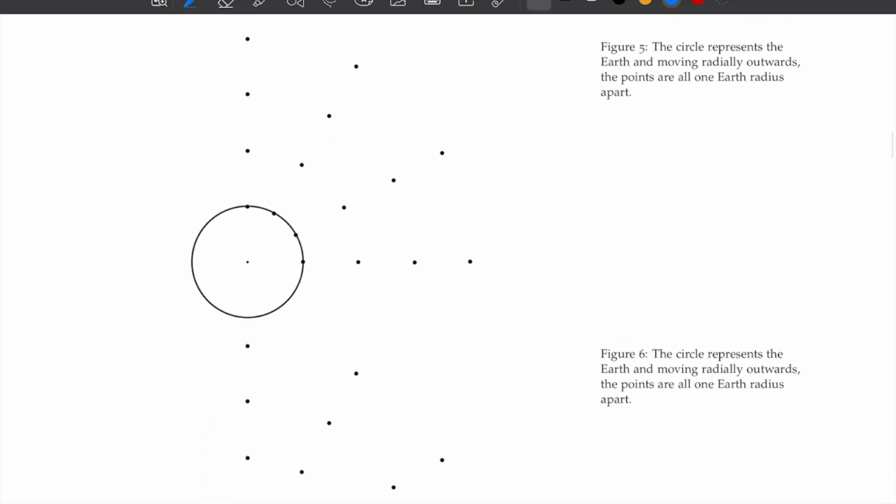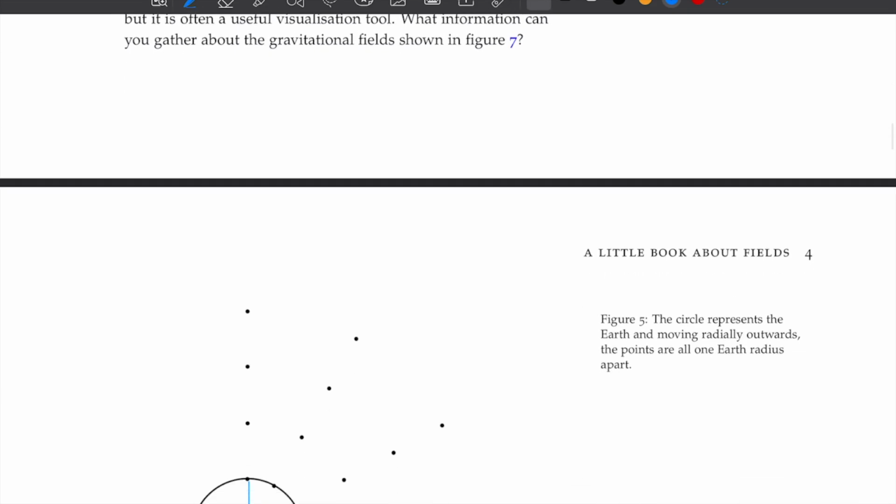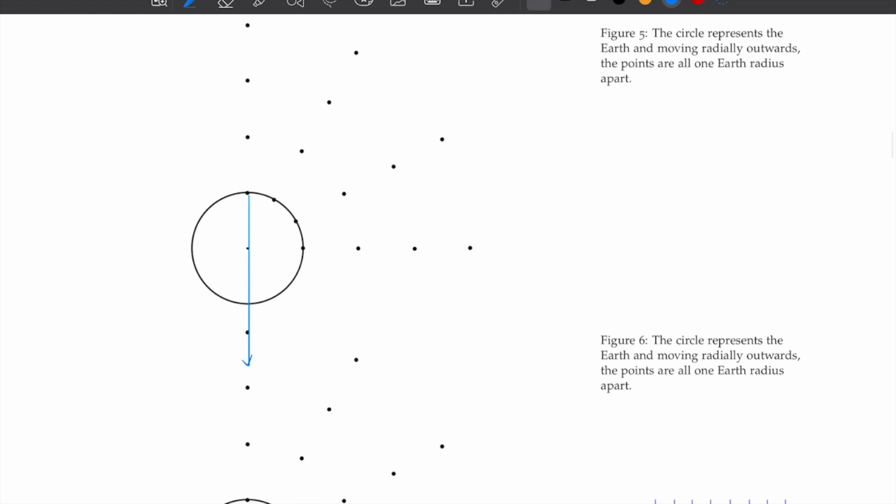So I know that on the surface of the Earth, where G is around 10, it's going to be around 5 cm long. Is that correct? Yeah, times 10, 5 cm. Good. So I can draw some G vectors, draw them to that scale.